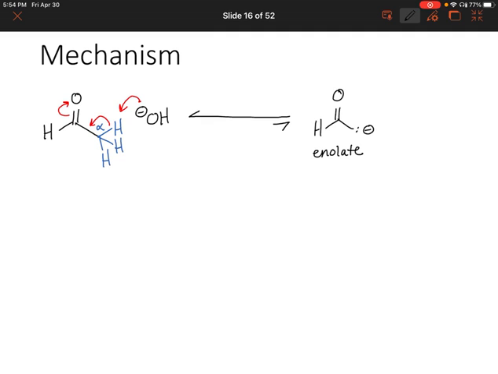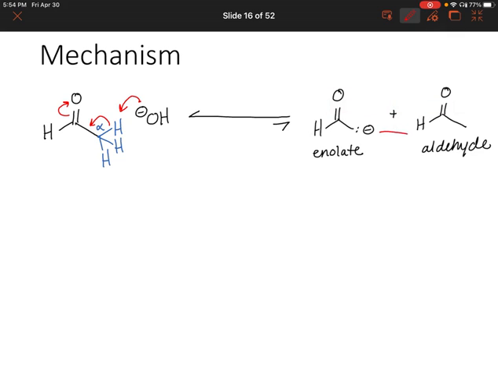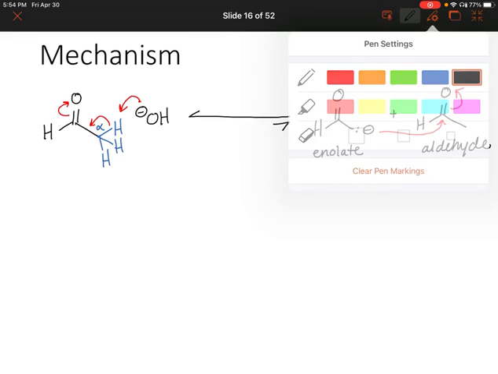All right, now let's react that enolate with our other acetaldehyde molecule. So that negative carbon on the enolate can act as a nucleophile and attack the aldehyde carbon, and that's going to move electrons up to oxygen.